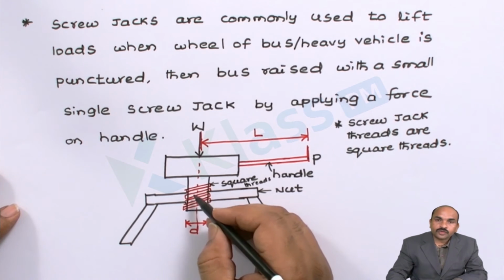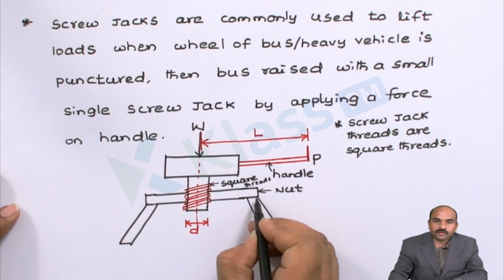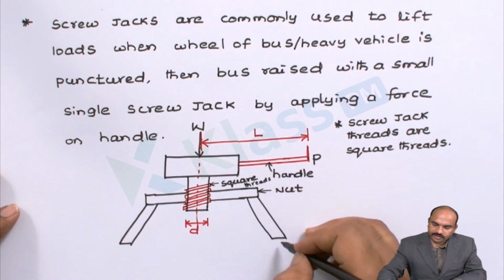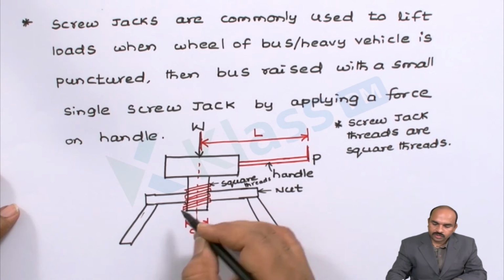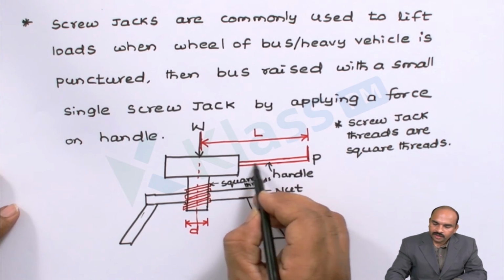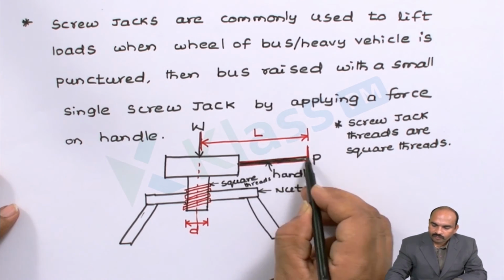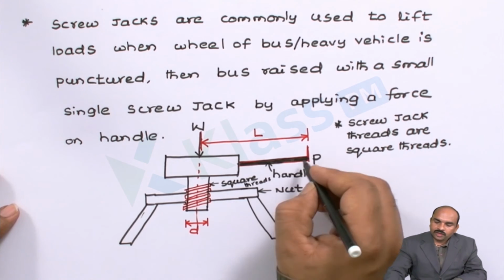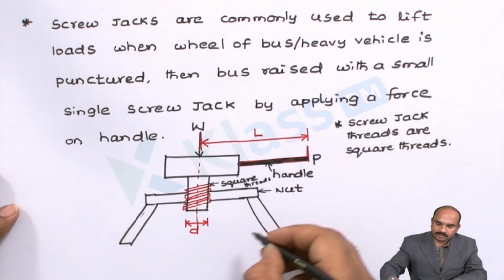Now the diameter of the screw is a small d, this part is the nut of the screw jack, and it is the body supporting structure for this screw, and there is a handle here. A force P is applied on the handle to rotate it.